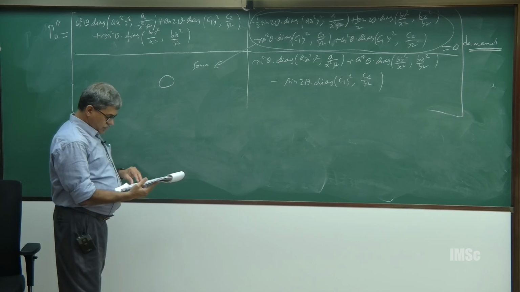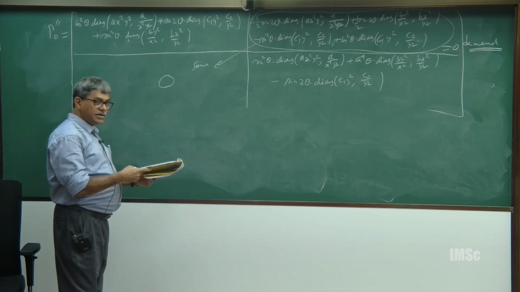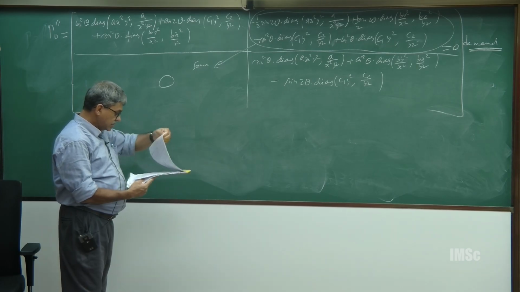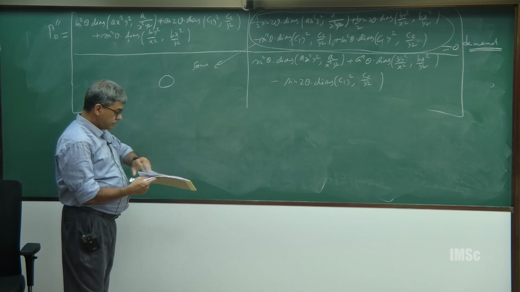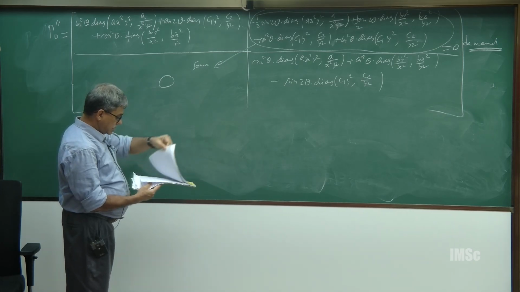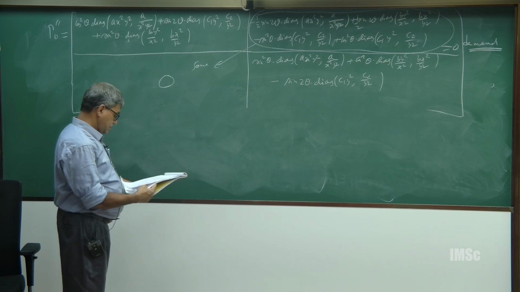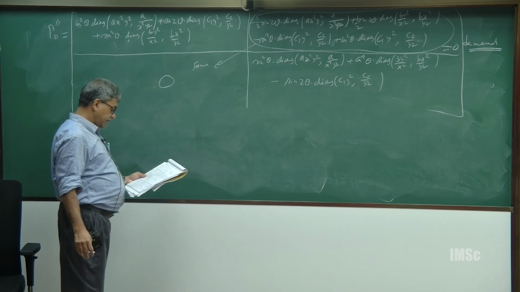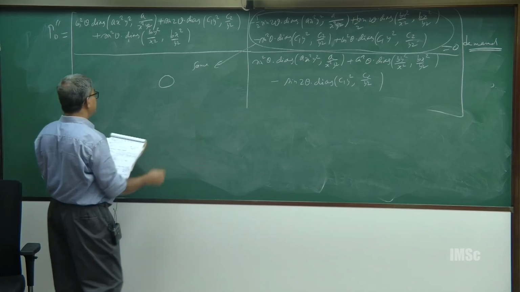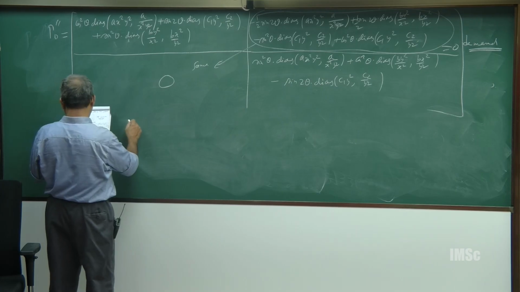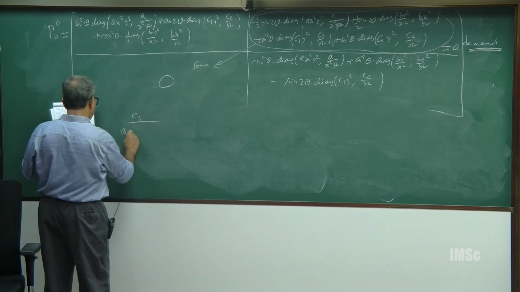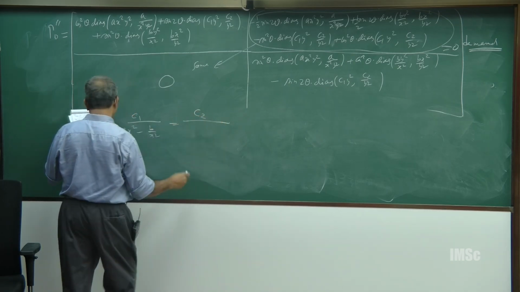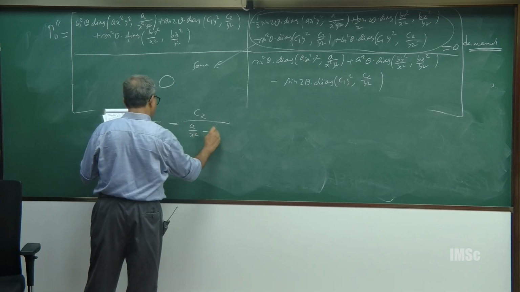So, if you demand that, I am not going into all those calculations, you can figure out that, yes, from here what you will figure out is the following, that C 1 by a x square minus b by x square is equal to C 2 by a by x square minus b x square.